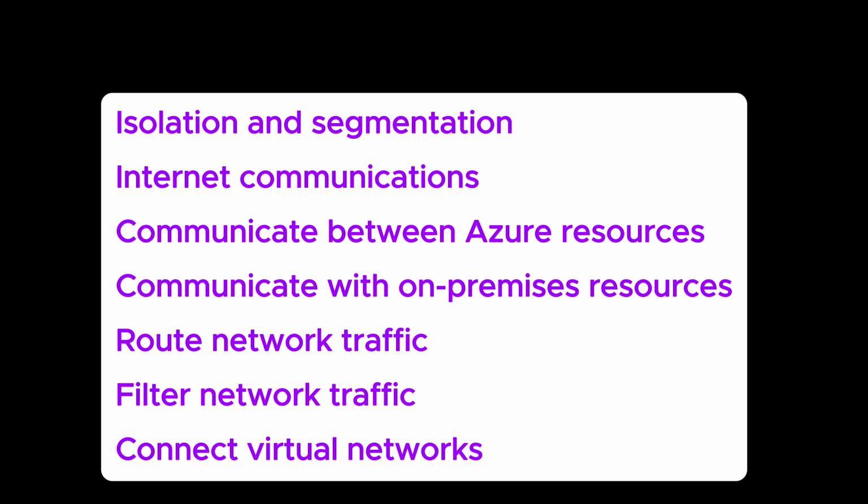Peering allows two virtual networks to connect directly to each other. Network traffic between peered networks is private and travels on the Microsoft backbone network, never entering the public internet. Peering enables resources in each virtual network to communicate with each other. These virtual networks can be in separate regions.